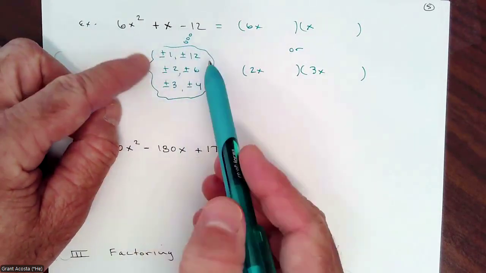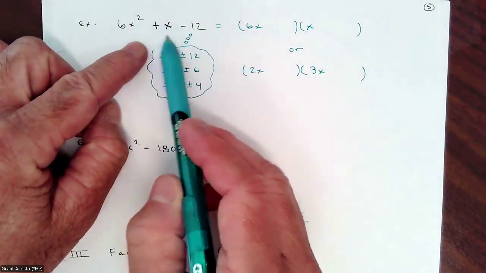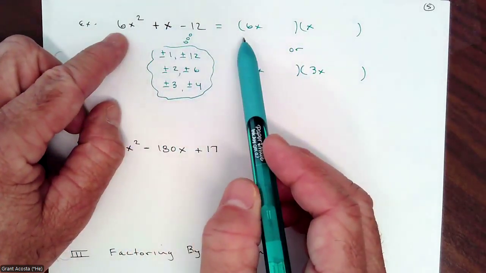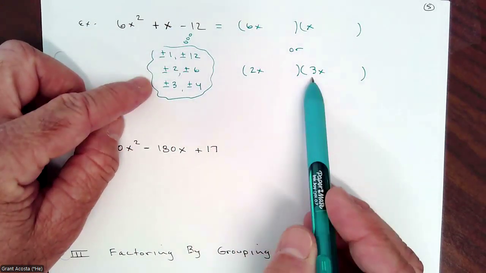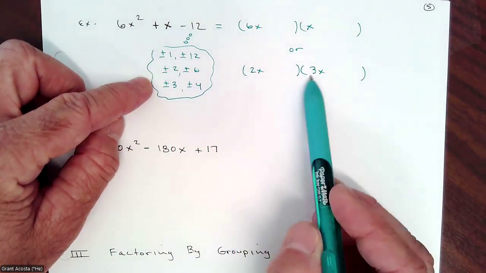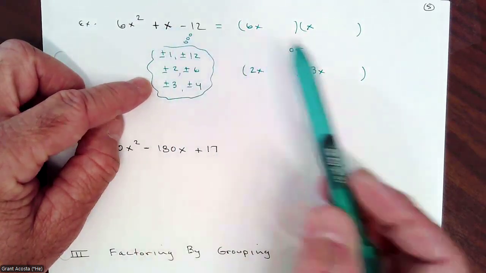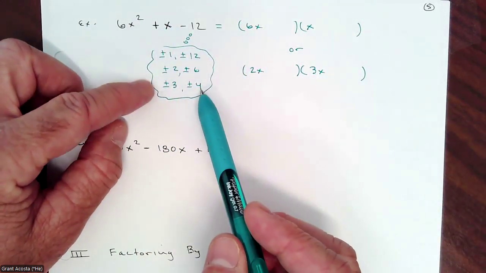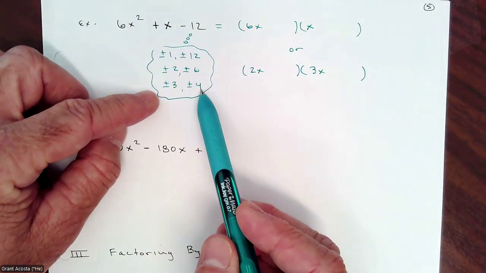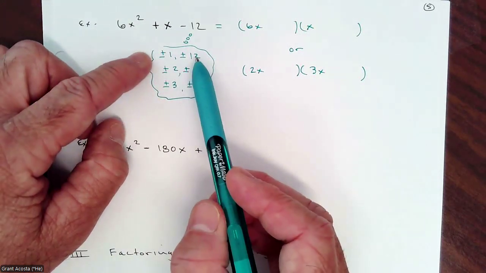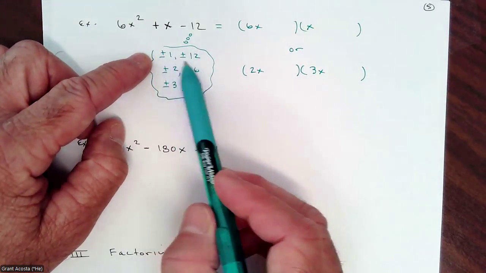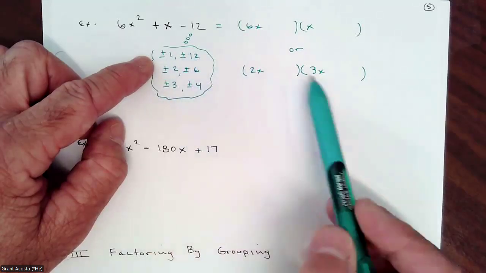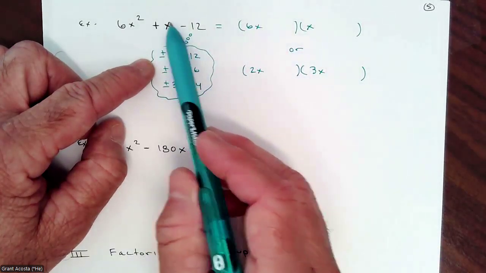Using a similar idea, if this middle number is not really big, then in this case I am probably going to be using the 2x and the 3x so that I don't get too big of a number. So I would probably start my guessing there. Likewise, if I use a 12 and a 1, I'm probably not going to get just a 1x there.